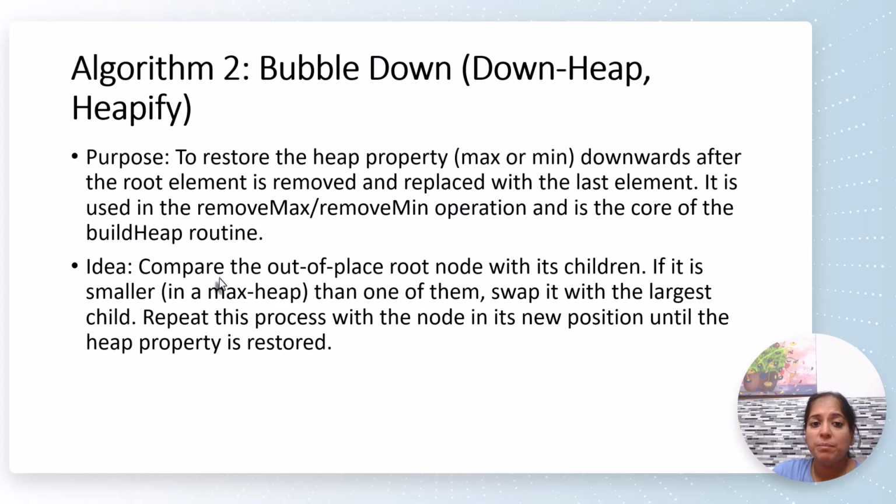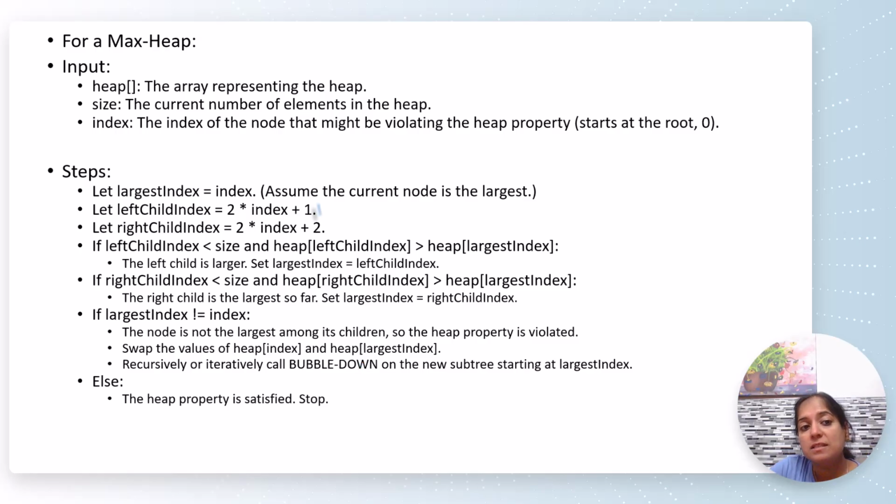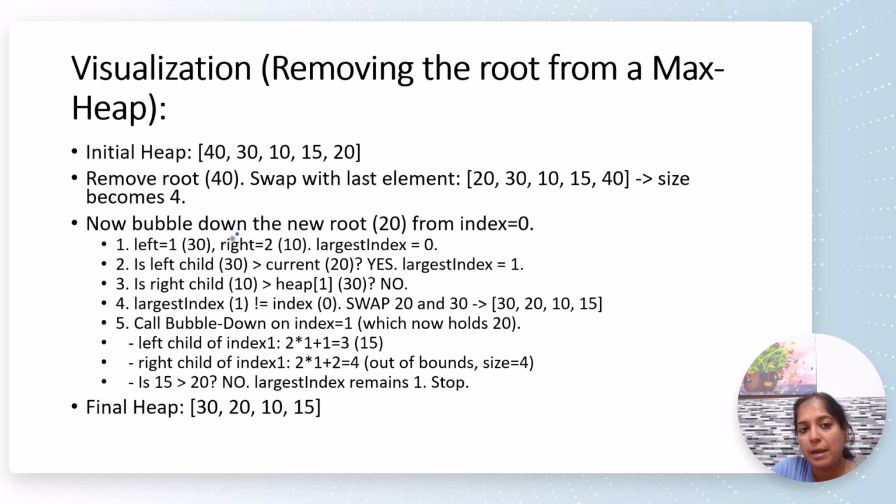The idea is to compare the out of place root node with its children, and if it is smaller in a max heap, swap it with the largest child. Repeat this process with the node in its new position until the heap property is restored. This is the algorithm for the max heap.